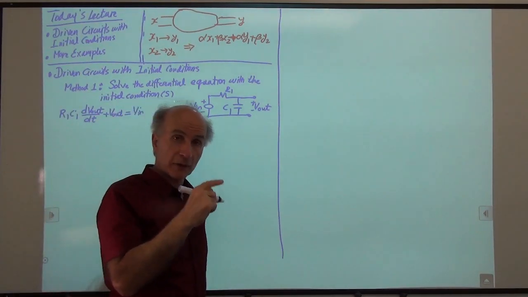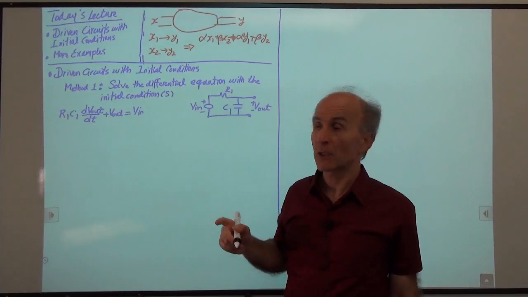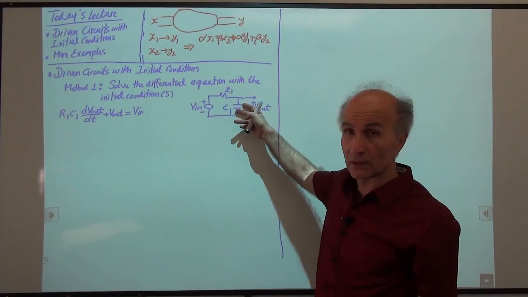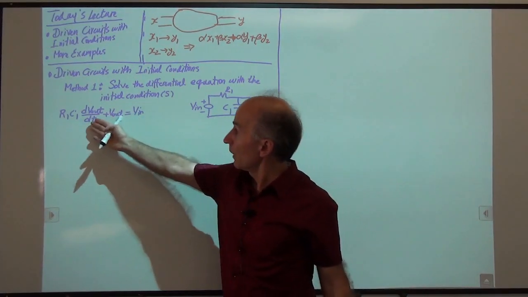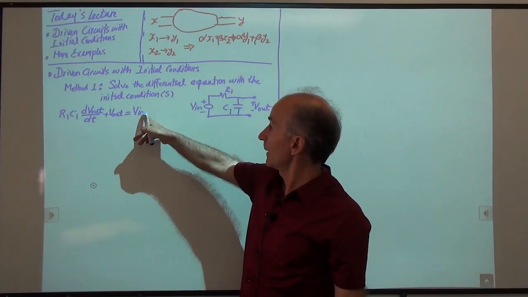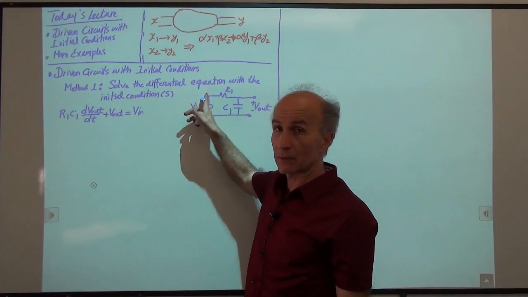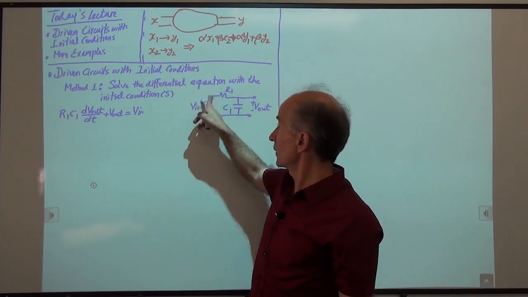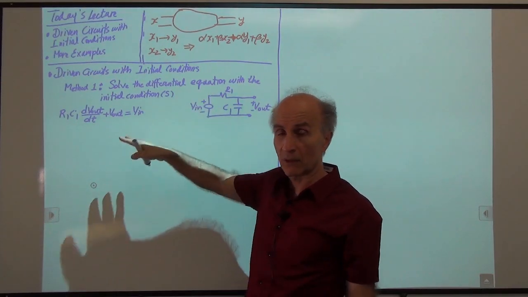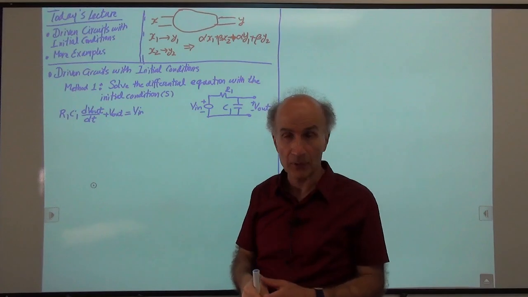Now, when we solved the circuit the first time, our assumption was that this initial condition was 0. So we just solved it by assuming that V in, for example, has reached a constant value. It's a step, right? There was a switch here and a step to a certain value, and we solved it, maybe by separation of variables.